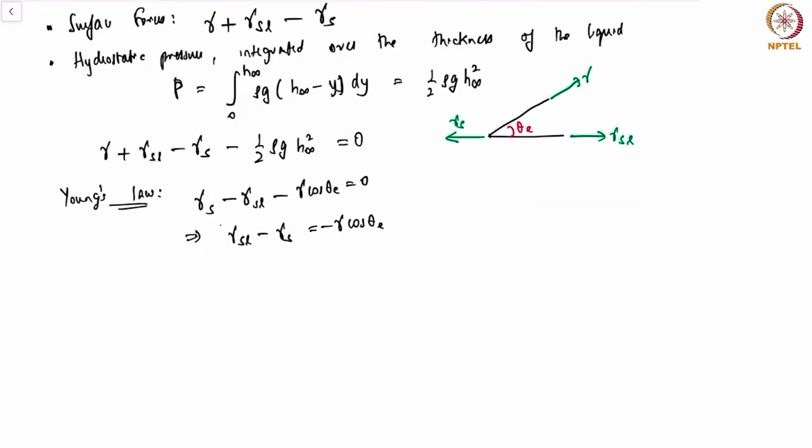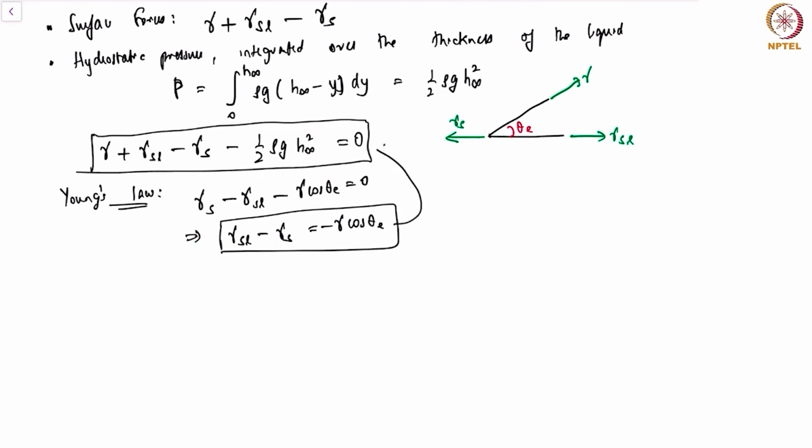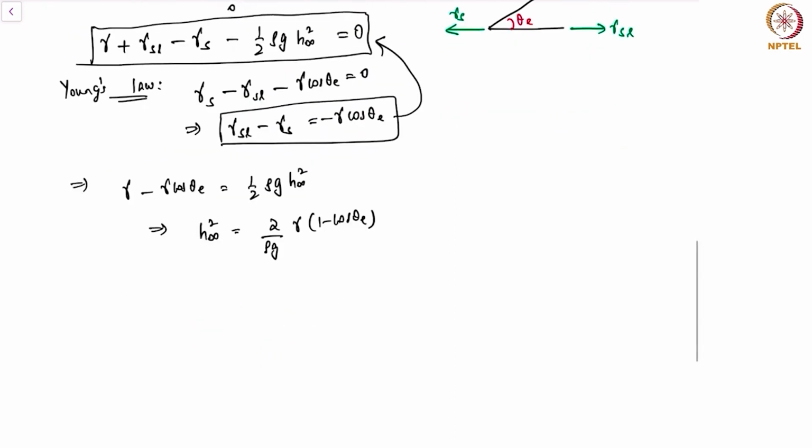And if I substitute this result into the above relationship that we had got, we simply have gamma minus gamma cos theta E is equal to half rho G H infinity square, and therefore I have H infinity square will be 2 by rho G into gamma into 1 minus cos theta E, or this is nothing but H infinity square will be 2 LC square 1 minus cos theta e.